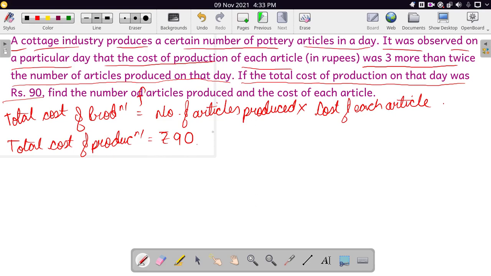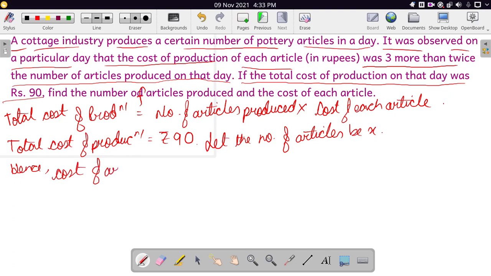Okay, so let us assume that the number of articles be X. Hence the cost of article is what? 2 into X. Why 2 into X?